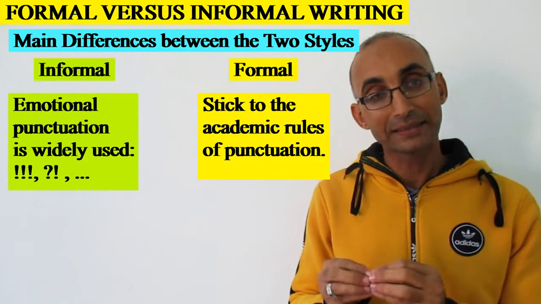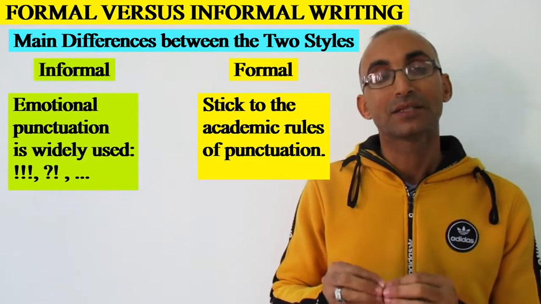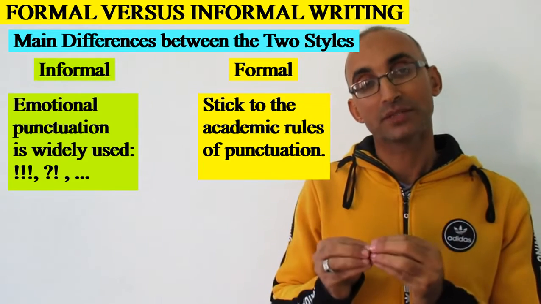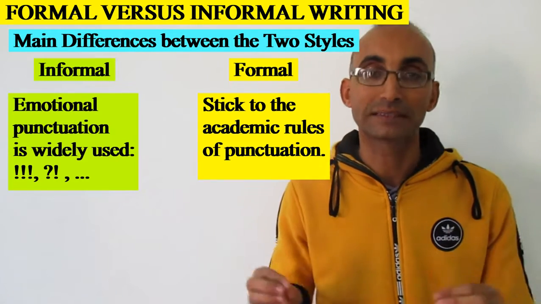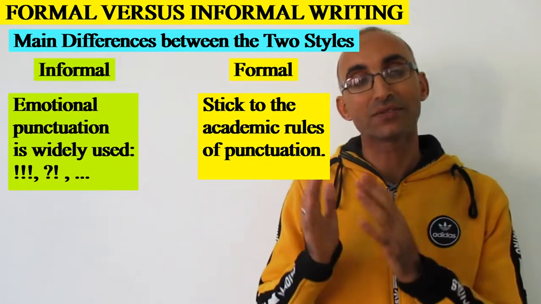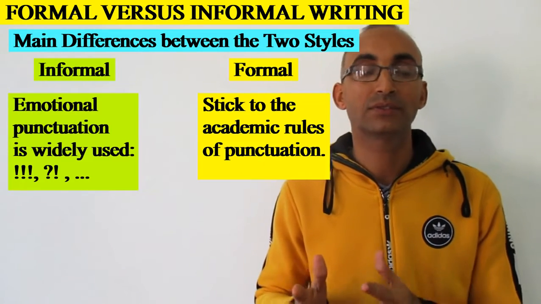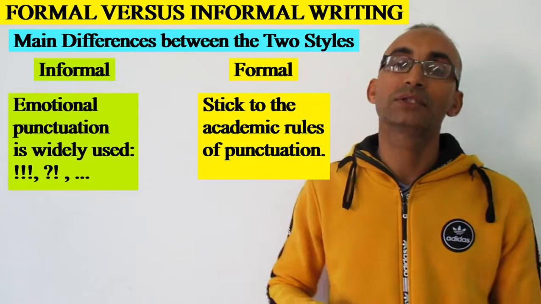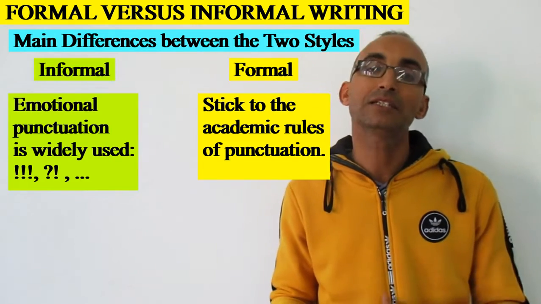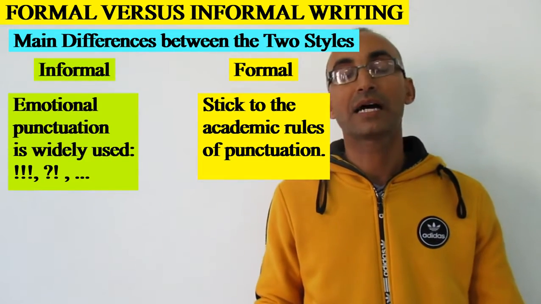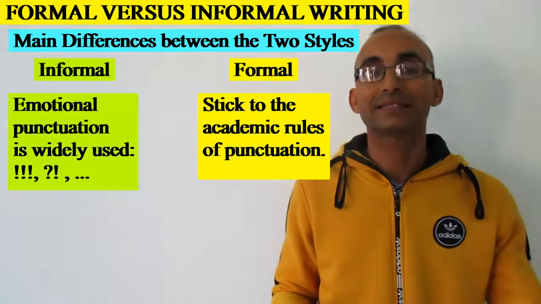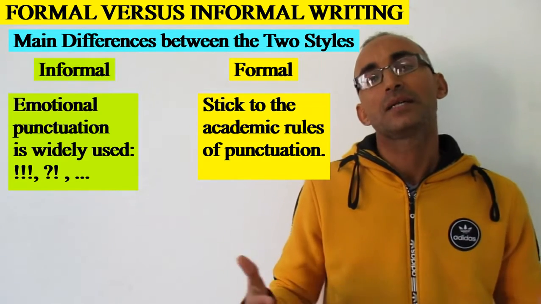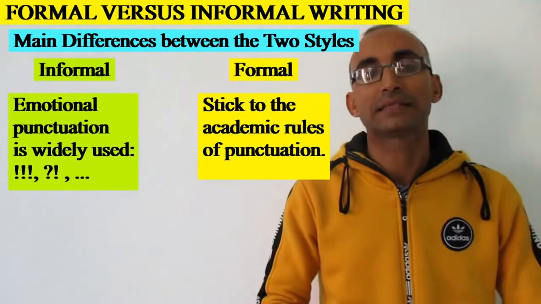You must apply the rules of academic writing and punctuation. Clearly, everything is governed by a rule. Right, and don't just throw the marks the way you like, as we find in the kinds of informal writing and also in free writing too. Free writing can also be considered a type of informal writing.